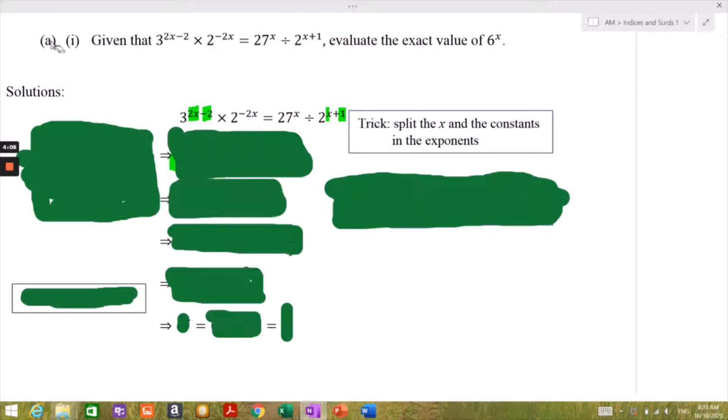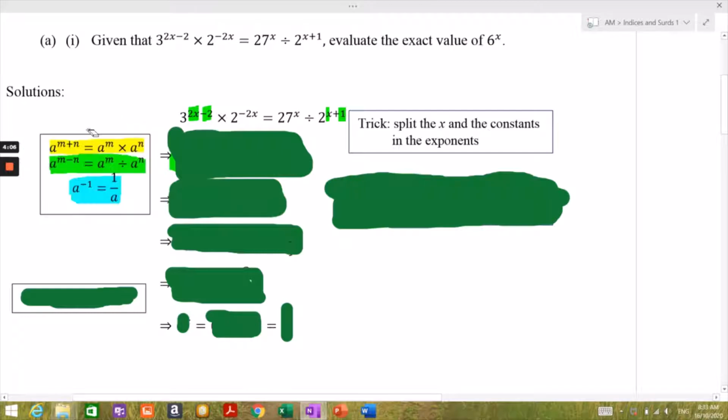Just a quick revision of the properties of indices that we will make use of: a power of m times a power of n, you add the exponents. A power of m divided by a power of n, you subtract the exponents. A power of -1, you take the reciprocal. These are the 3 rules that you can apply to each of the terms in the equation.